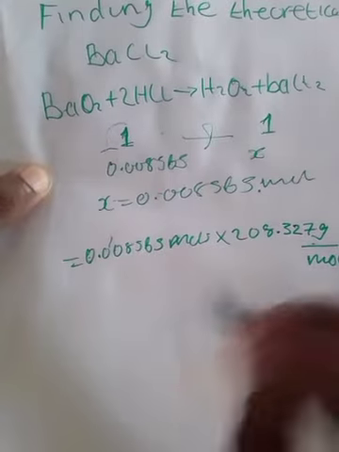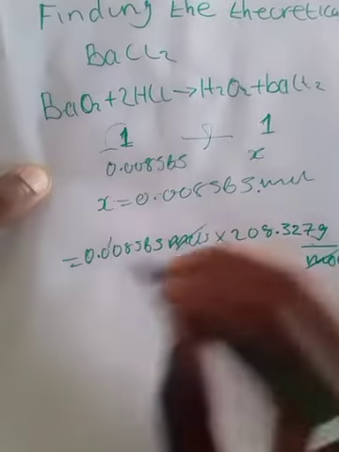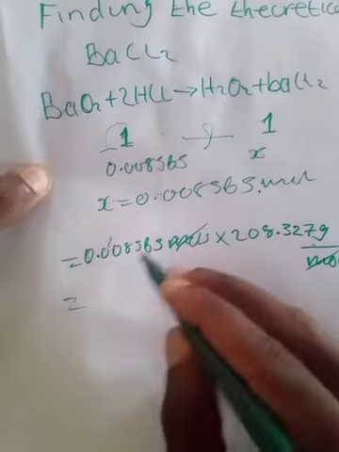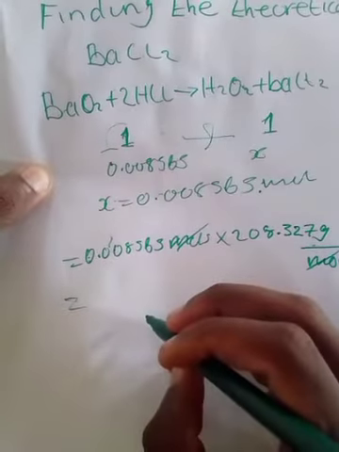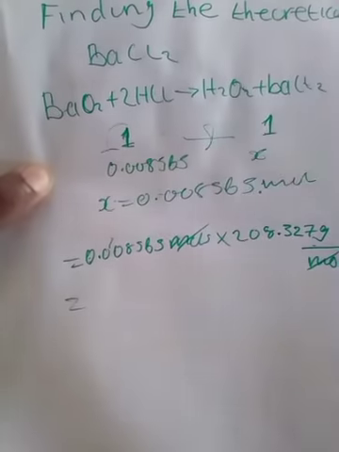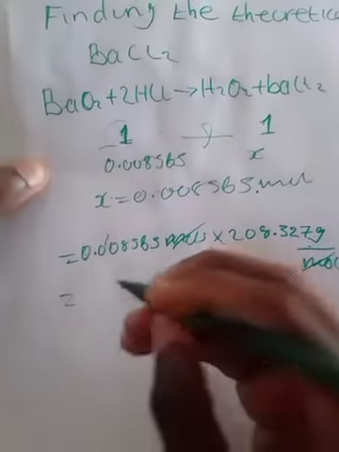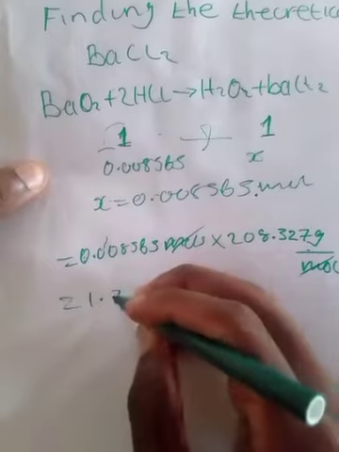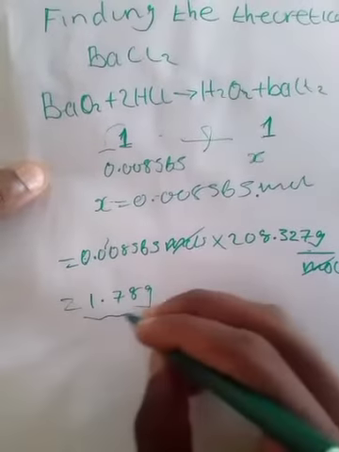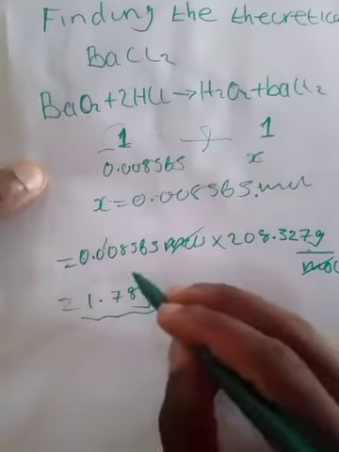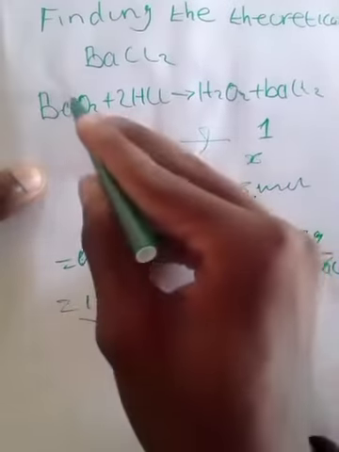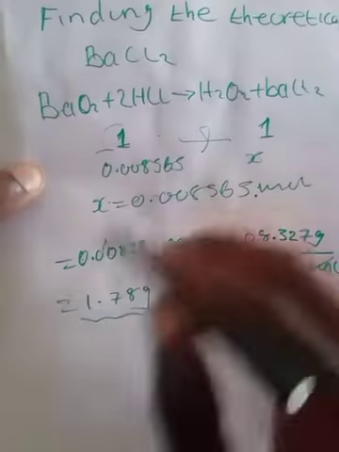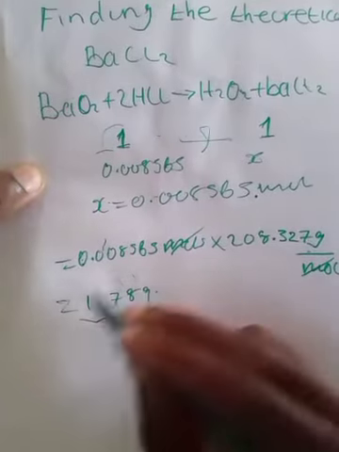The moles are simply going to cancel, and when you multiply, you're going to get 1.78 grams. So you find the mass for barium chloride. This mass that you have found is the theoretical yield.